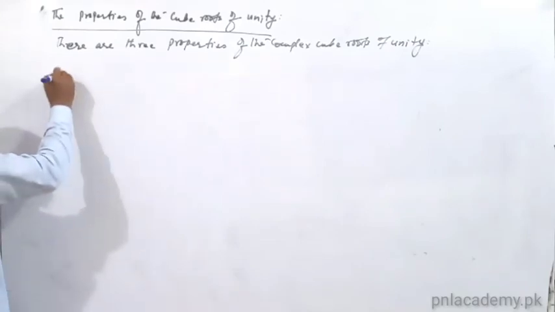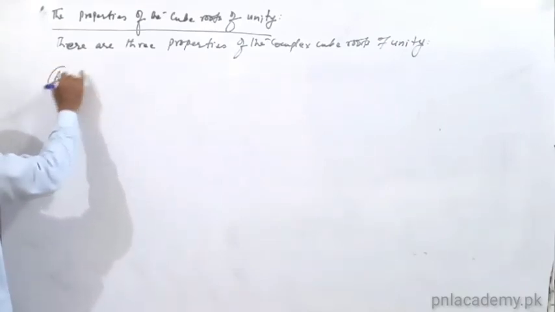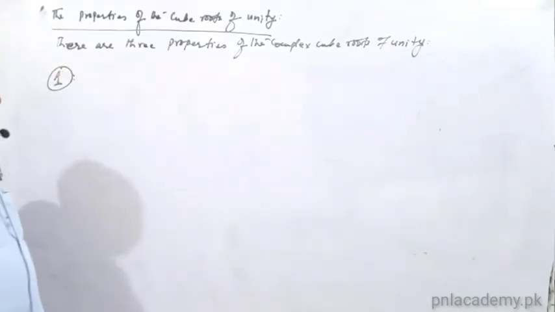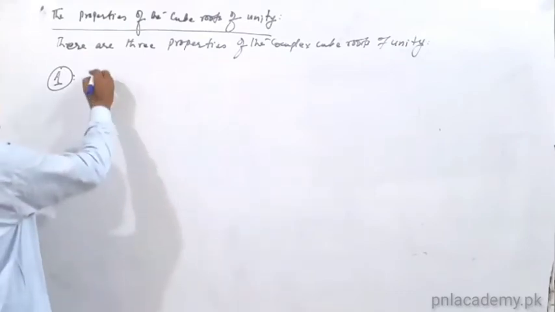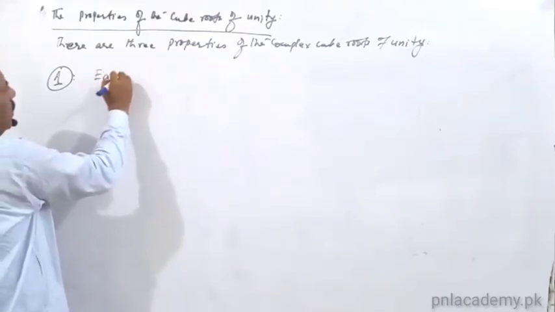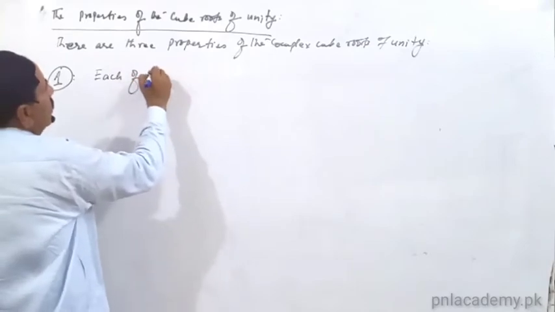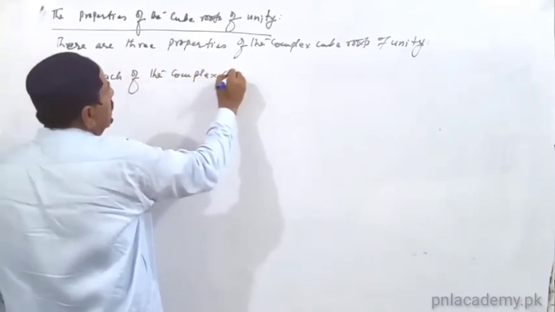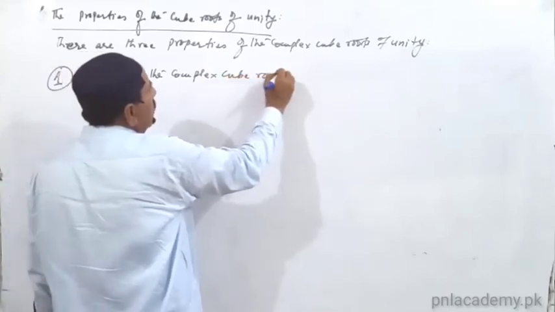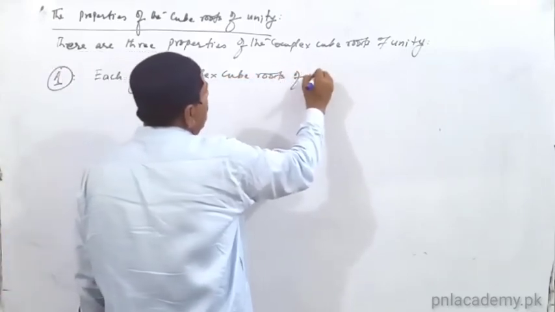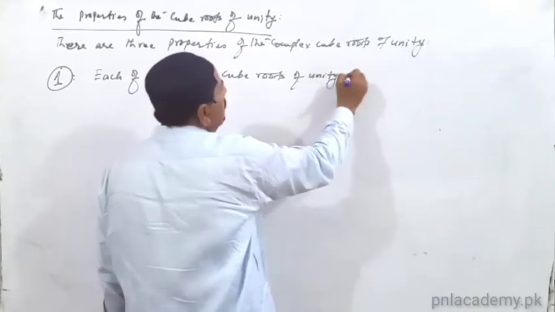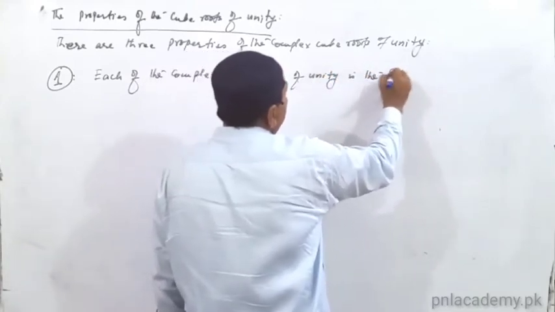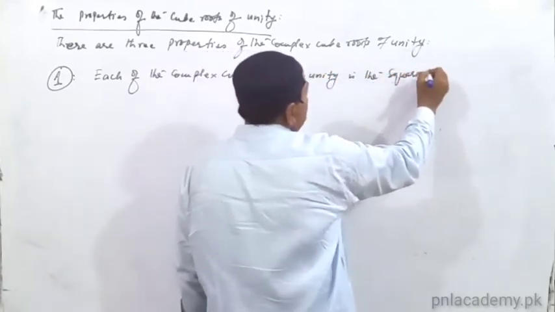Number one property is: each of the complex cube roots of unity is the square of the other.